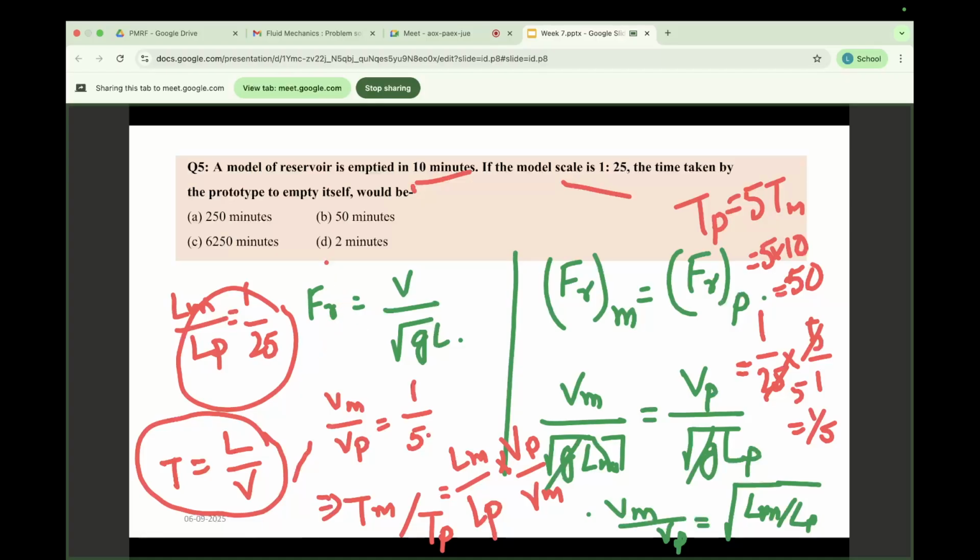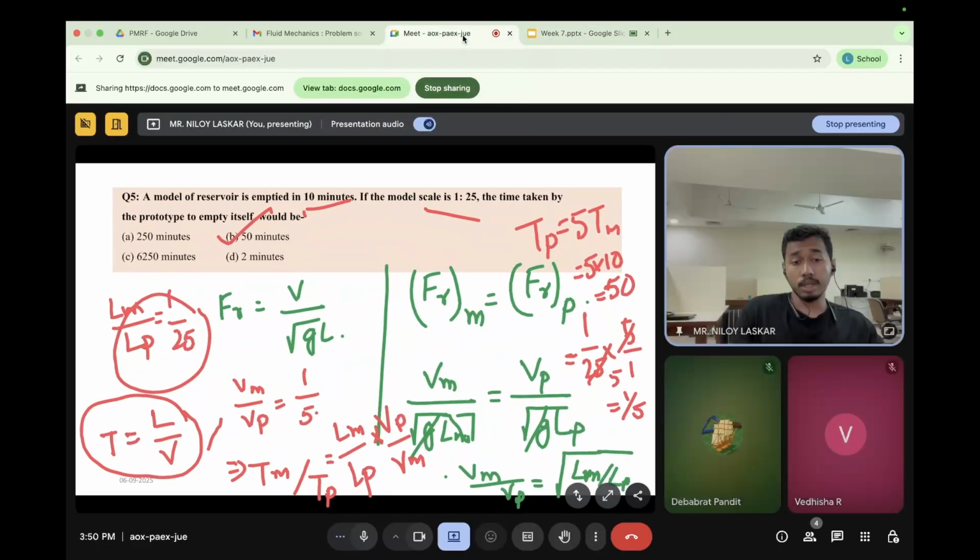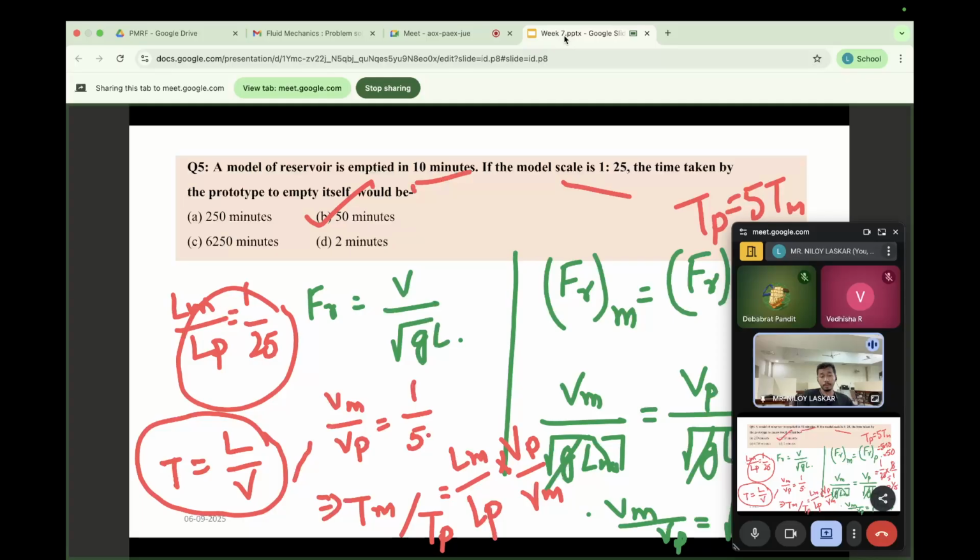So the correct answer is option B. It's a lengthy concept, but this is why I have applied the Froude number. I think you understand this, right? Please let me know.